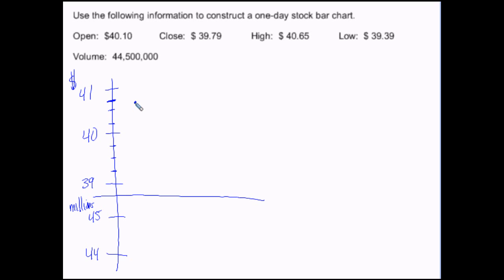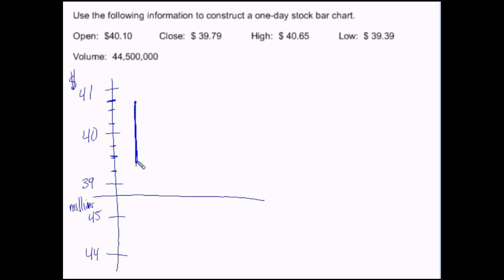And then our low was 39.39, which is close to 39.40, which is a little bit below 39.50, right here. So I'm going to go a little bit below there. Doesn't have to be exact, but you want to be in approximately the right area when you draw a line. Okay, so far okay?